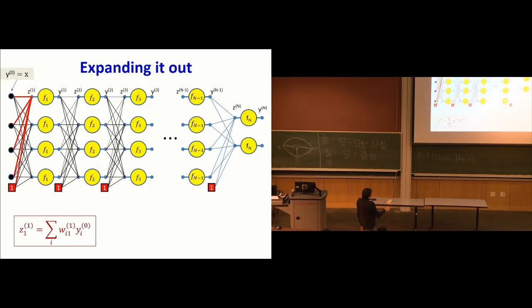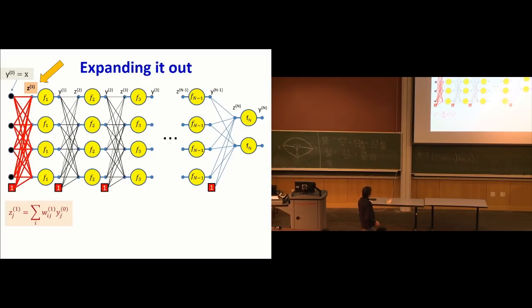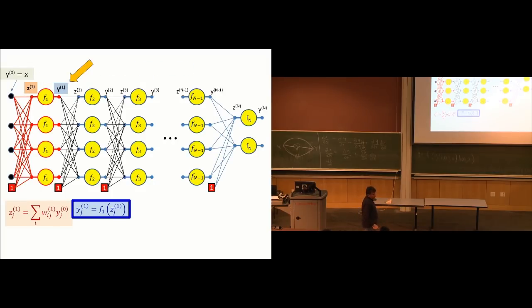Again, I'm assuming that there's a fixed 1 over here, so I'm including the bias as a weight. I can generalize this and say that Zj for any jth unit is simply going to be a weighted combination of the inputs. The set of y's is simply going to be these activation functions applied to these z's.